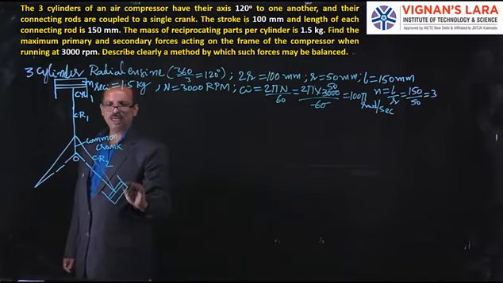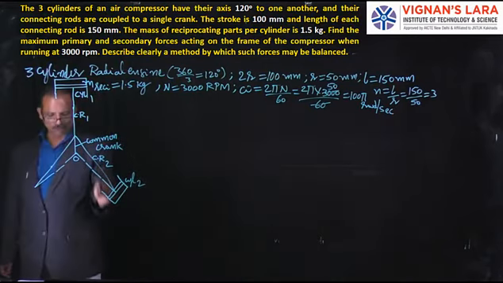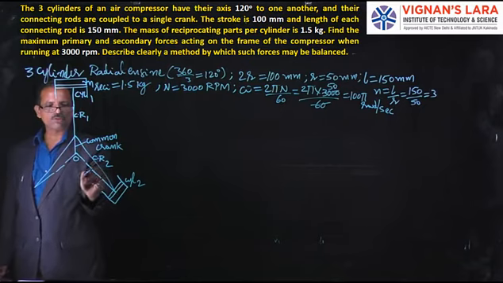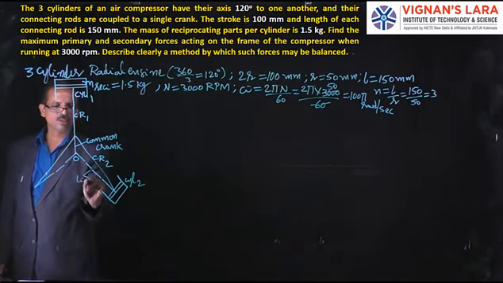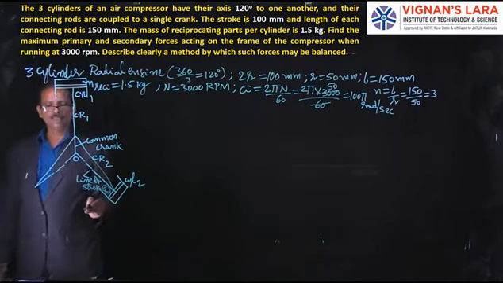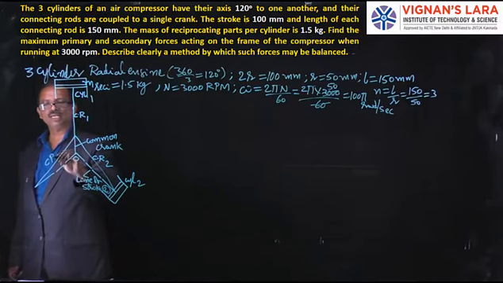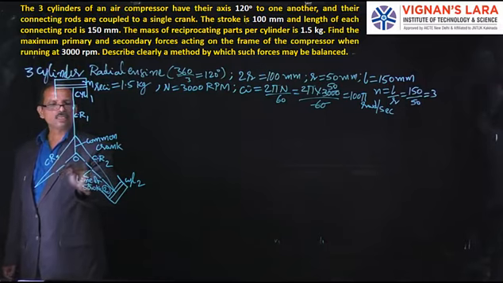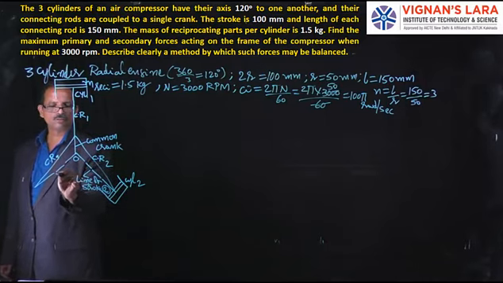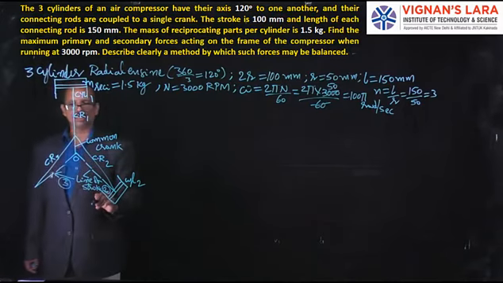This is cylinder 2, connecting rod 2, and this is the line of stroke for cylinder 2. Then this is the third one, connecting rod 3, and this is the line of stroke for the third cylinder.